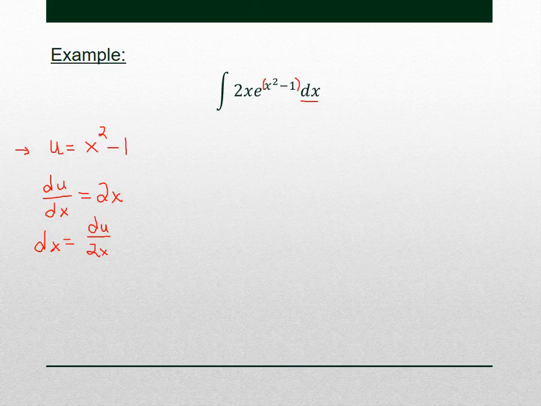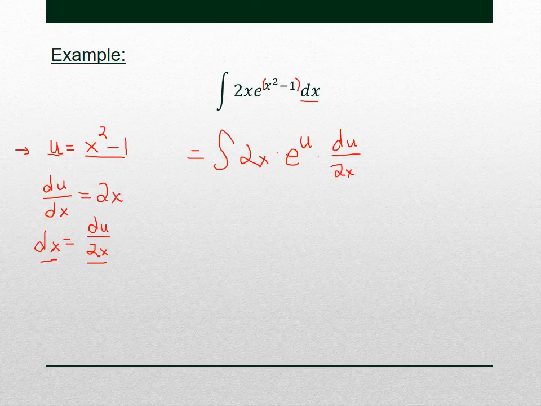Now we're going to substitute in u instead of the x squared minus 1, and du over 2x instead of the dx into this integral, and we get the 2x hangs out for now. Instead of e to the x squared minus 1, we get times e to the u. And then instead of dx, we get du over 2x.